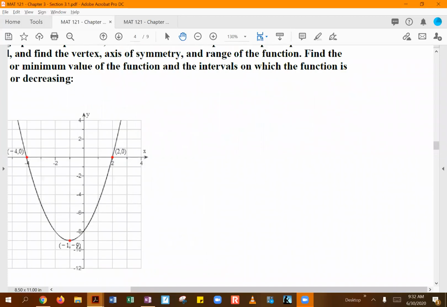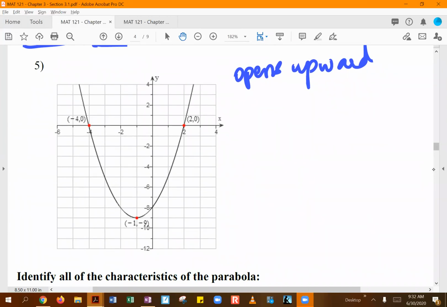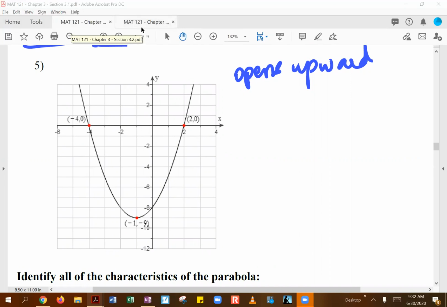Let me see if I can make this a little bit bigger so it's easy for you to see. So what's the vertex for this parabola? Yeah, very good. That's going to be the lowest point on our graph. So that's, of course, coming from -1, -9.